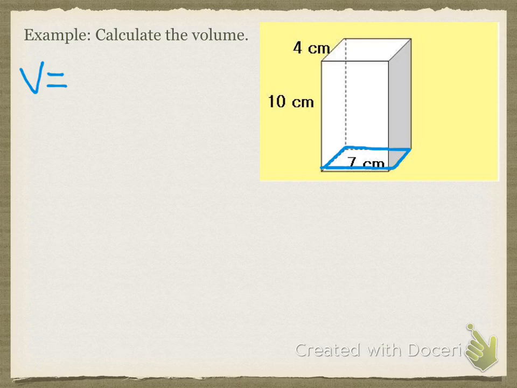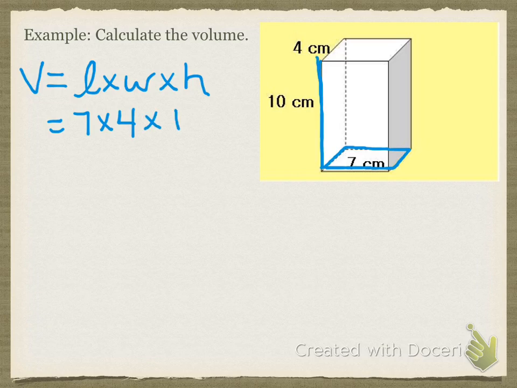Well, first we'll write down our formula. The area of the base would be length times the width, and then we're going to multiply that with the height. So the base, which I've outlined here, is 7 by 4. And then the height would be this edge going up and down right here, which is 10.